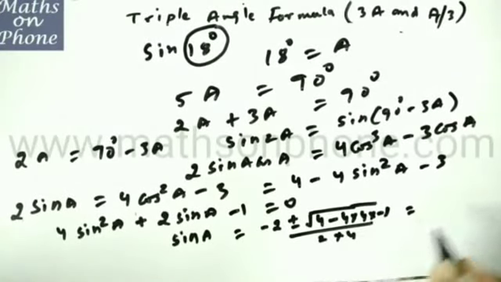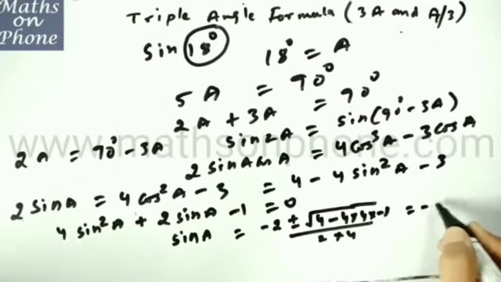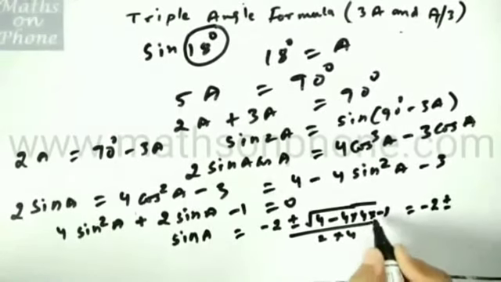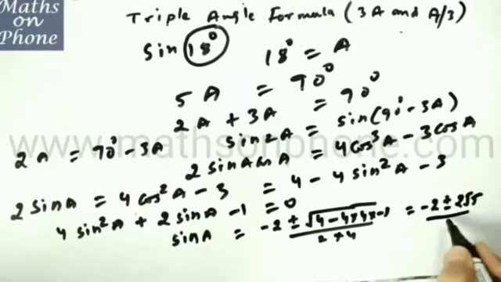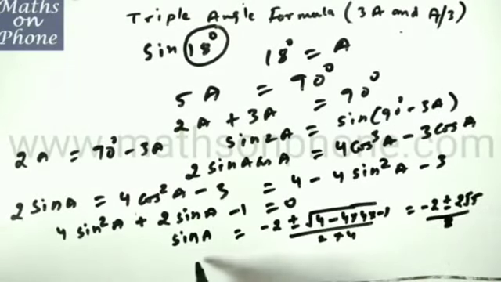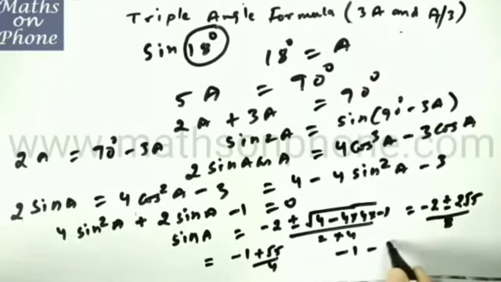2 into 4. This is minus 2 plus minus, this is 16 plus 4 is 20. 20 can be written as 4 into 5. So 2 root 5 divided by 8. So on solving further, it is giving us (minus 1 plus root 5) by 4 and (minus 1 minus root 5) by 4. So we are getting sine A is equal to this value and that value.